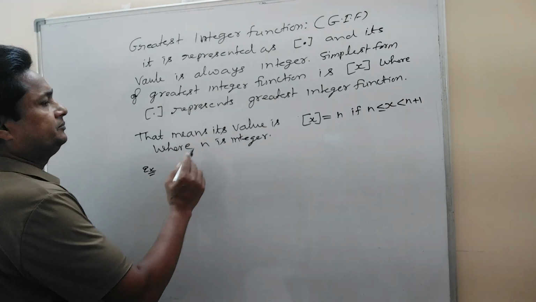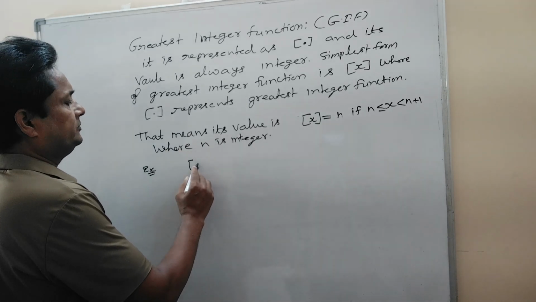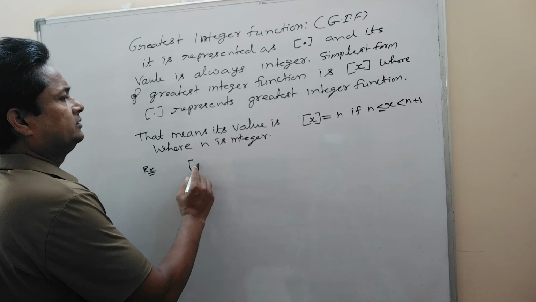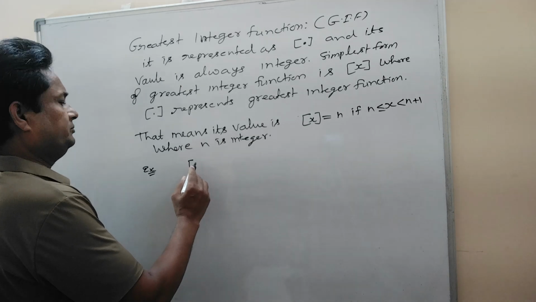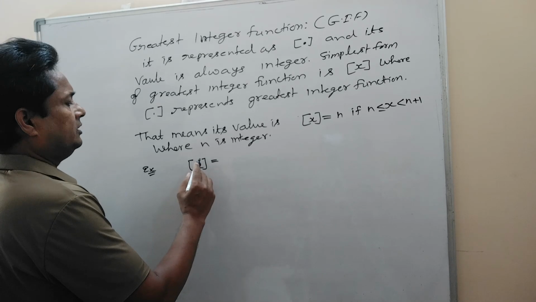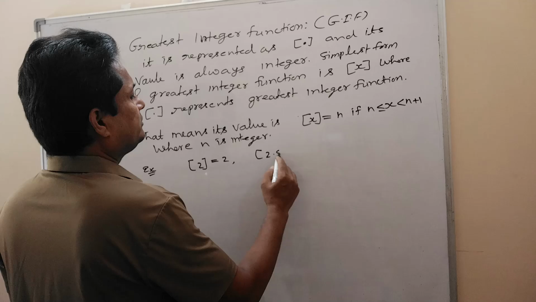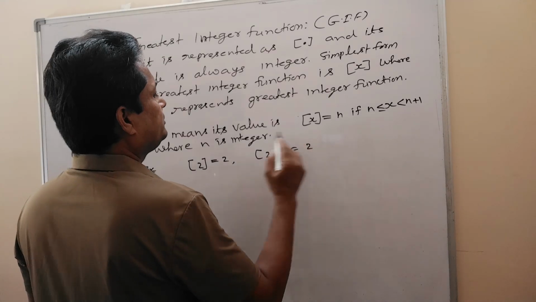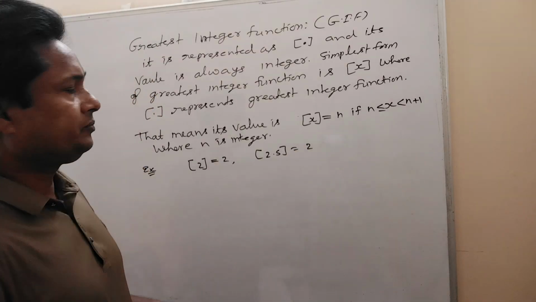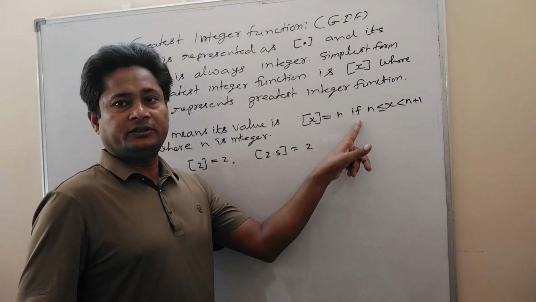Example: let's say the greatest integer of 2 will be how much? It will be 2. The greatest integer of 2.5 will be 2. How will you apply this method?